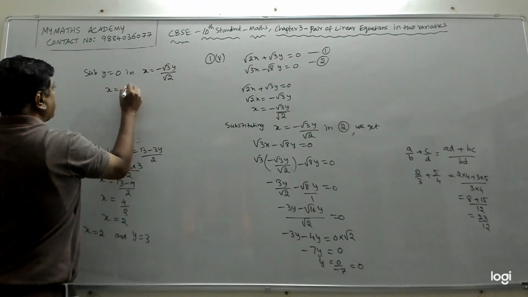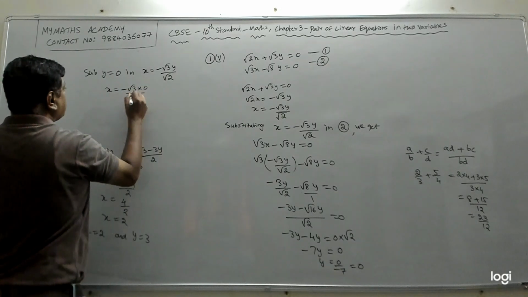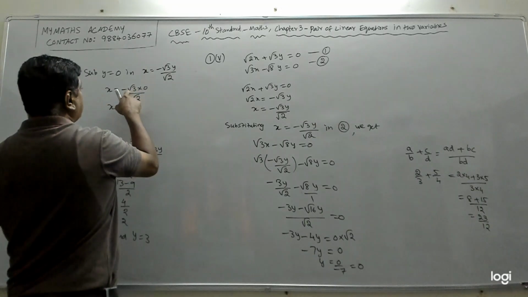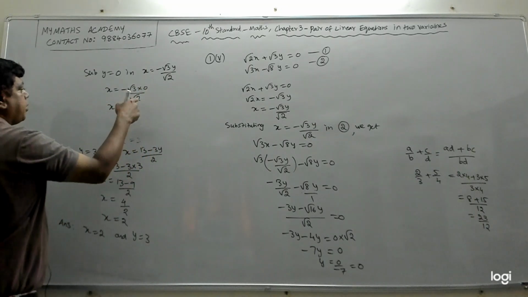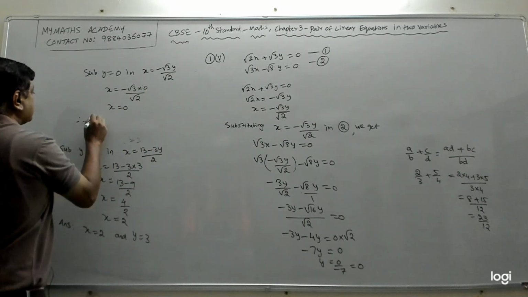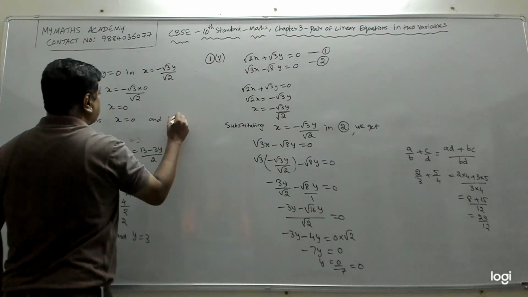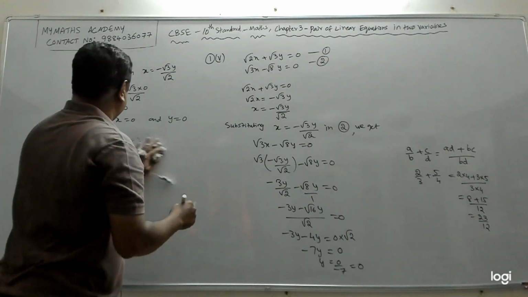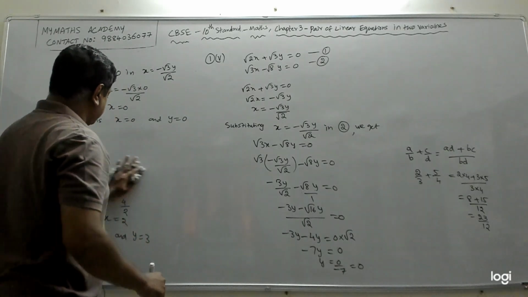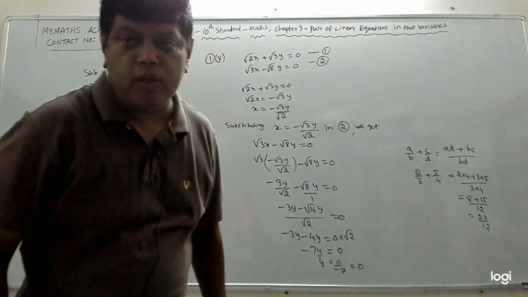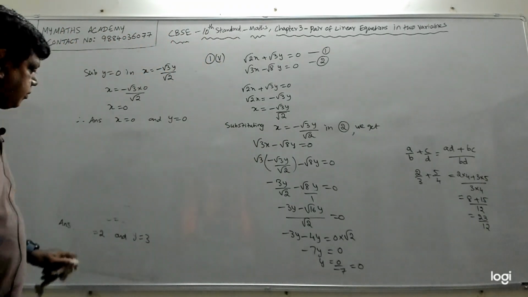My x becomes minus root 3 into 0 by root 2. So the value is 0, because root 3 into 0 is 0, and 0 by root 2 is 0. Therefore, the answer is x is equal to 0 and y is equal to 0. Clear? So that is the solution for that.